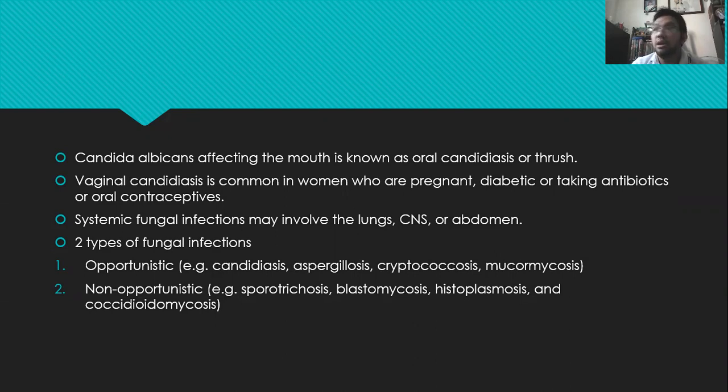But if the pH level of the vagina is not maintained, because they're pregnant, diabetic, or taking antibiotics or contraceptives, if the pH level increases, the fungus Candida albicans will come out, causing vaginal candidiasis, also known as yeast infection.